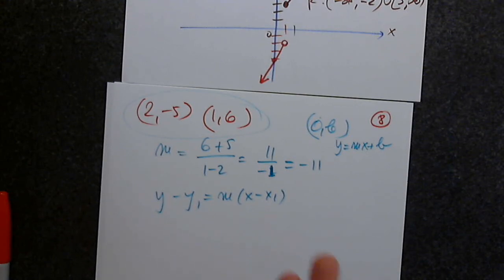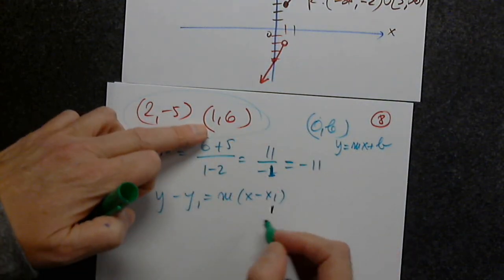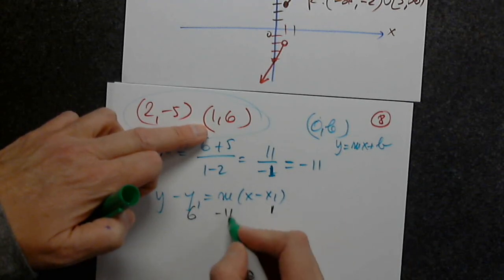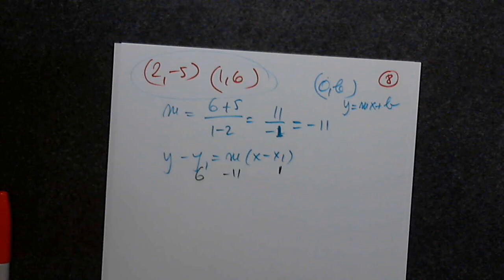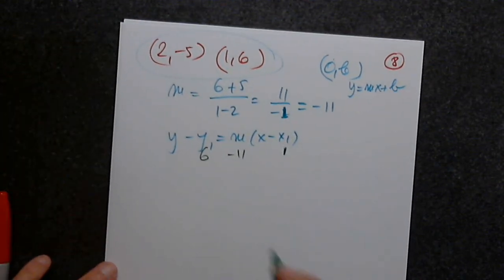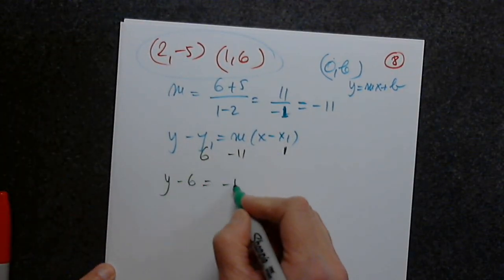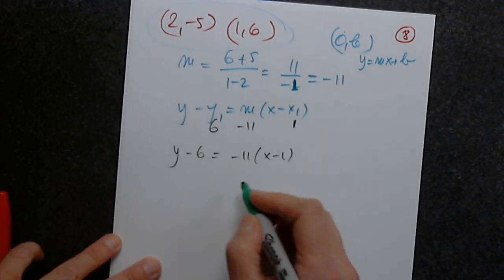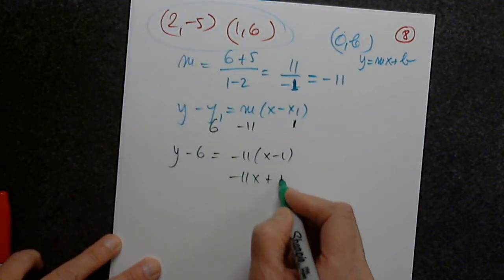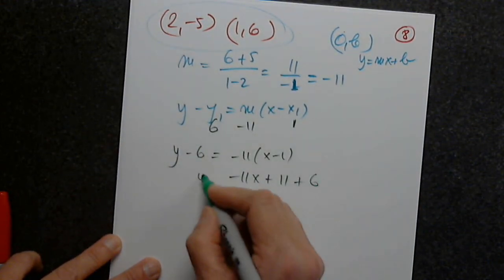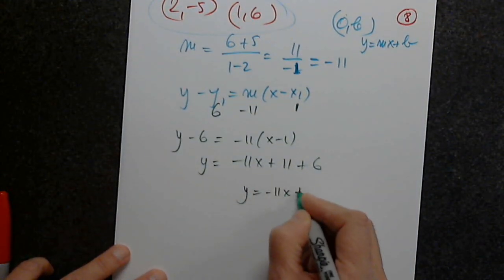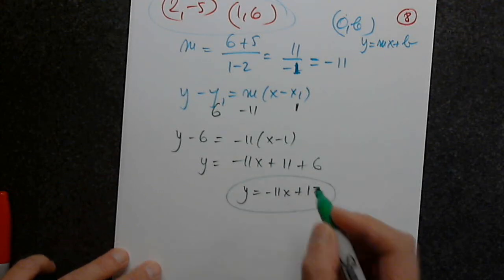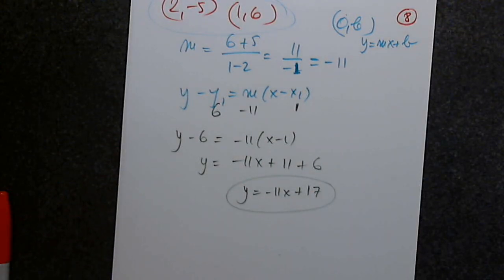It doesn't matter which ordered pair you use. Let's say I use 1, 6 and -11. You will get the same equation. So y minus 6 equals -11 times x minus 1, which gives -11x plus 11, and then plus 6. So y equals -11x plus 17. And that is the equation of the line passing through the given points.